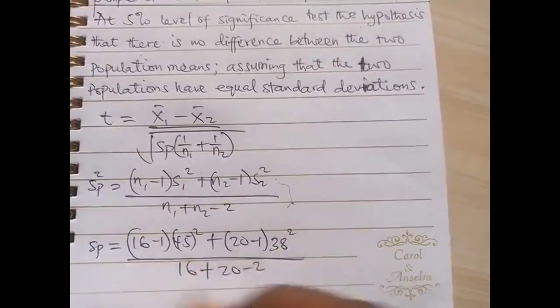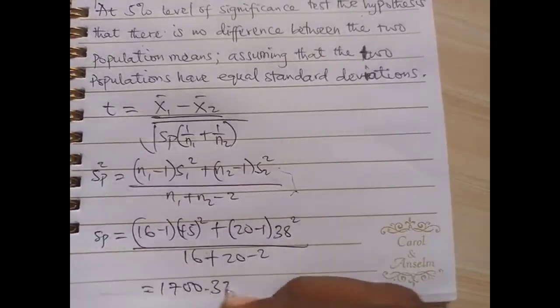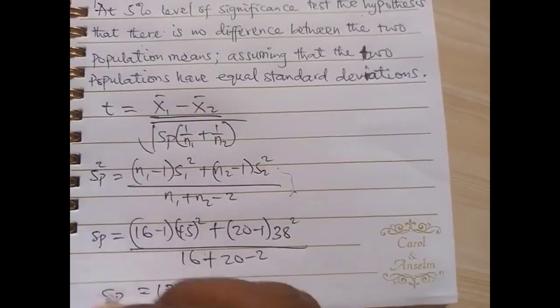If we resolve all of them, we get 1700.32 as our pooled variance.